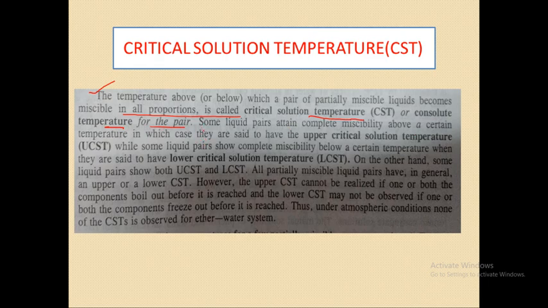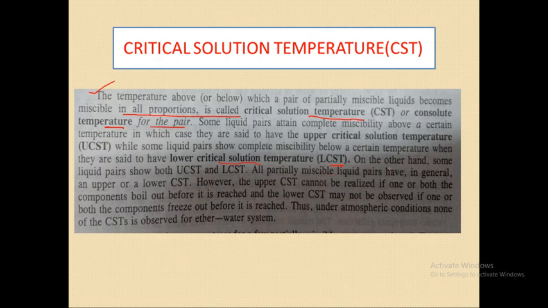As we've seen, some liquid pairs like phenol and water attain complete miscibility above 68.1 degrees Celsius, in which case they are said to have an upper critical solution temperature. Some liquid pairs show complete miscibility below a certain temperature, which is said to be the lower critical solution temperature, LCST.